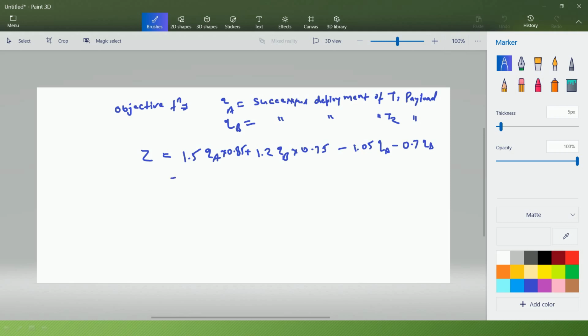So this will come around 1.275 QA plus 0.9 QB minus 1.05 QA minus 0.7 QB. So we will get 0.225 QA plus 0.2 QB. So this is our objective function.